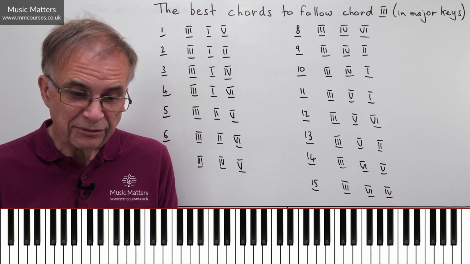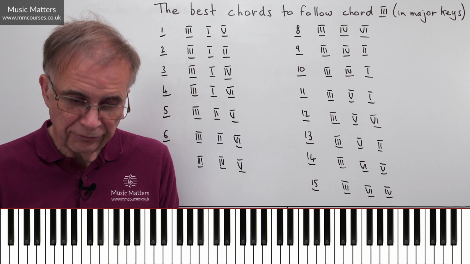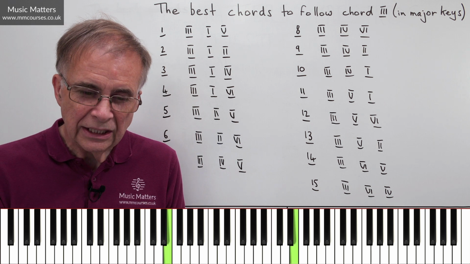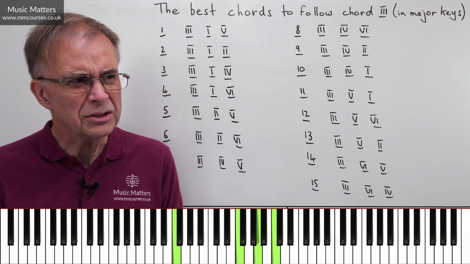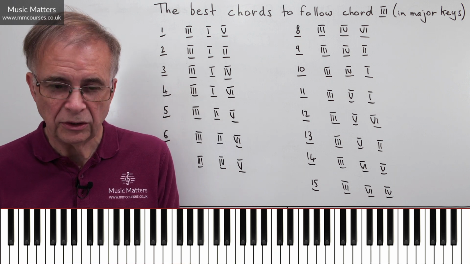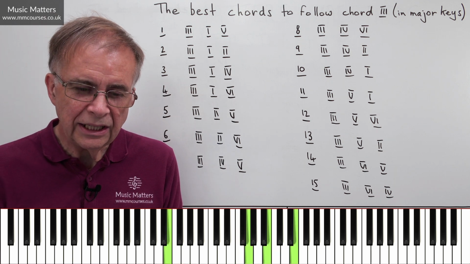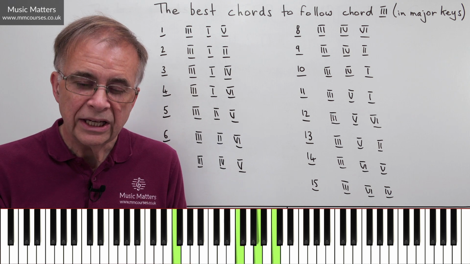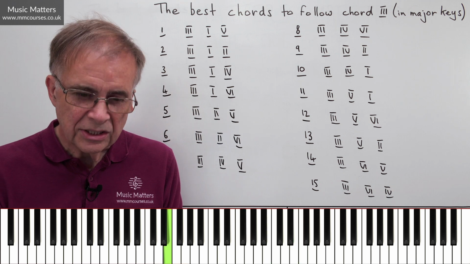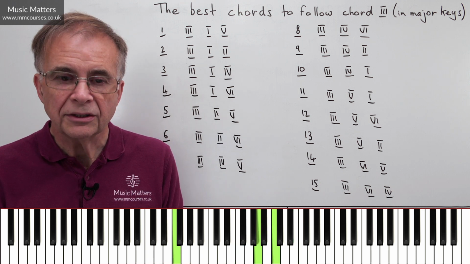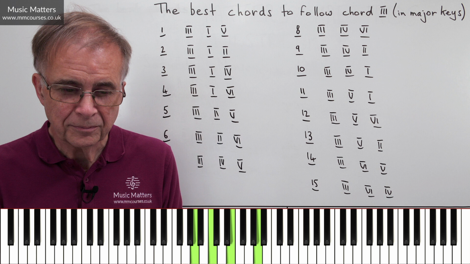And then option 15, 3 to 6 to 4. So there's 3, 6, 4. Again, may not sound terribly complete, but you can always bolt on. So 3 to 6 to 4 to 5 to 1, or 3 to 6 to 4 to 5 to 6.